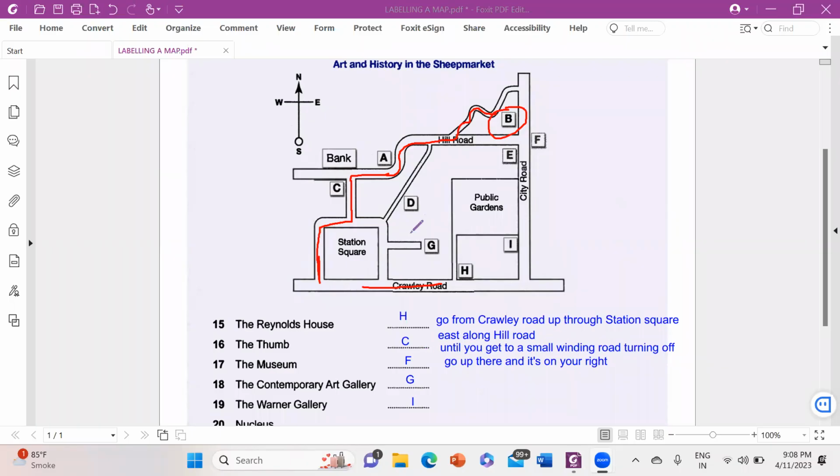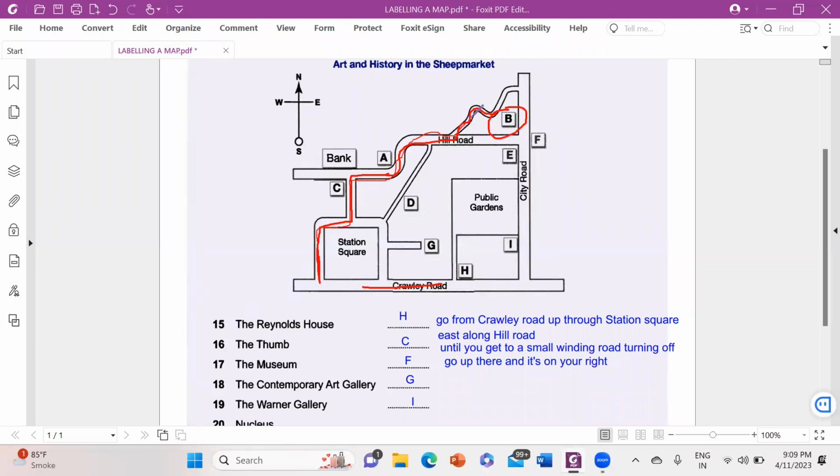So here they clearly gave you directions. Go from Crawley Road up through Station Square, east along Hill Road. The moment they said east along Hill Road, you should realize that not only do you have to cross Station Square, but you also have to take this road and then reach Hill Road. Then they said east, so go towards the east. Then they said, go on until you get to a small winding road turning off. Go up there.